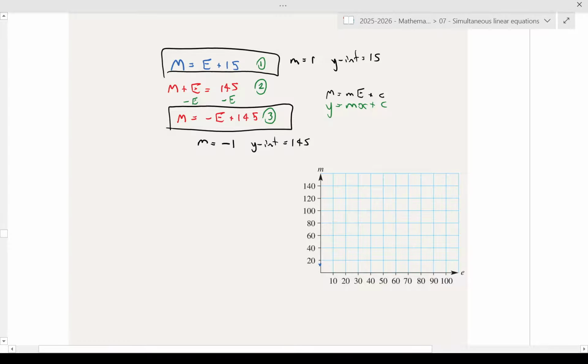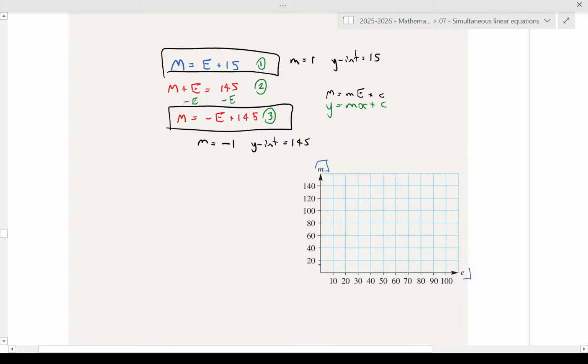We've got M on this axis and E on that axis. So I've actually got to go back there, and my y-intercept is 15. Oh, have I done that right? Yeah, no, I've done it right, haven't I? Yes. It's all right. I'm not crazy.